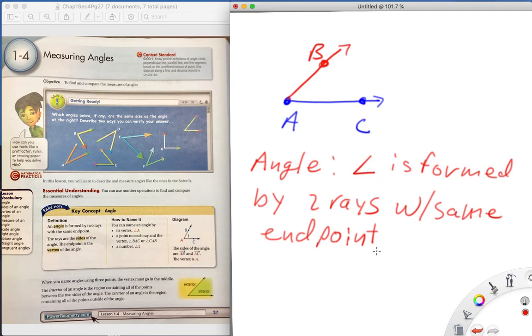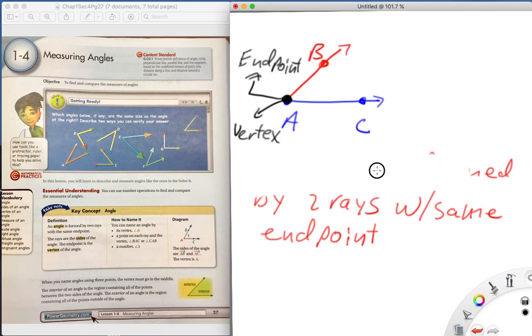So in this case, the same endpoint would be this guy, A. But we don't call them endpoints when we're discussing rays. We'll call it the vertex.